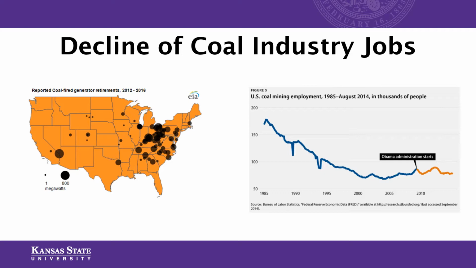We are seeing an increase in jobs in the renewable energy industry. We're seeing more people being employed by wind and solar energy, while we're seeing coal-related employment decrease. There are always two sides to every coin, and it's a very complicated issue.